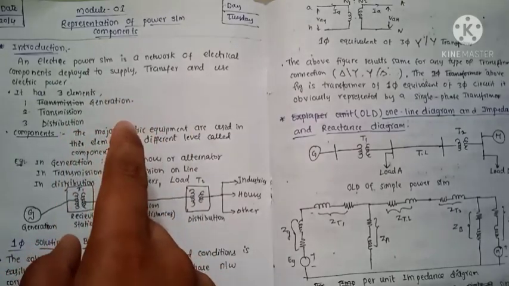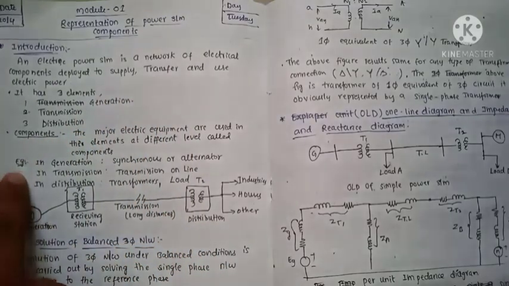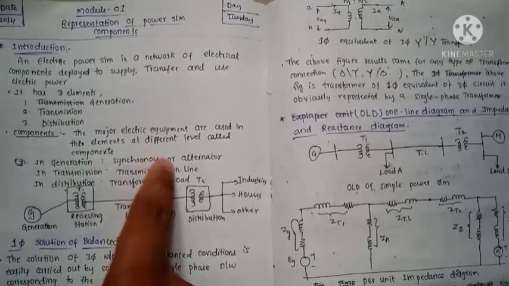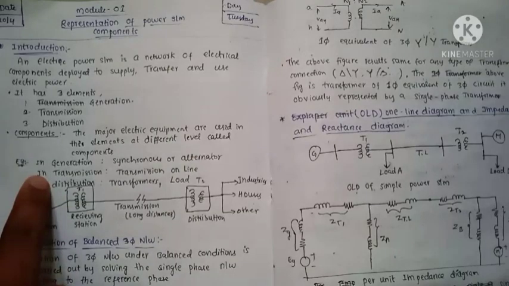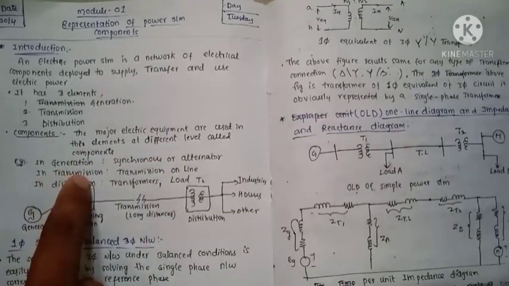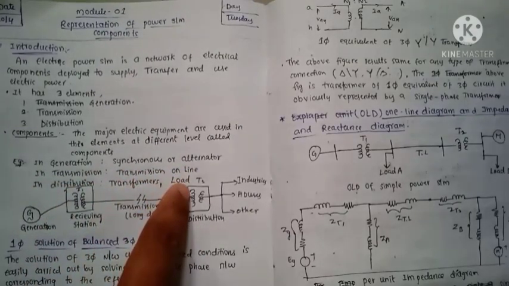These major equipments are called components. Example given over here: in generation, we make use of generators or alternators, synchronous, one and the same. In transmission, overhead lines. In distribution, transformers, load.